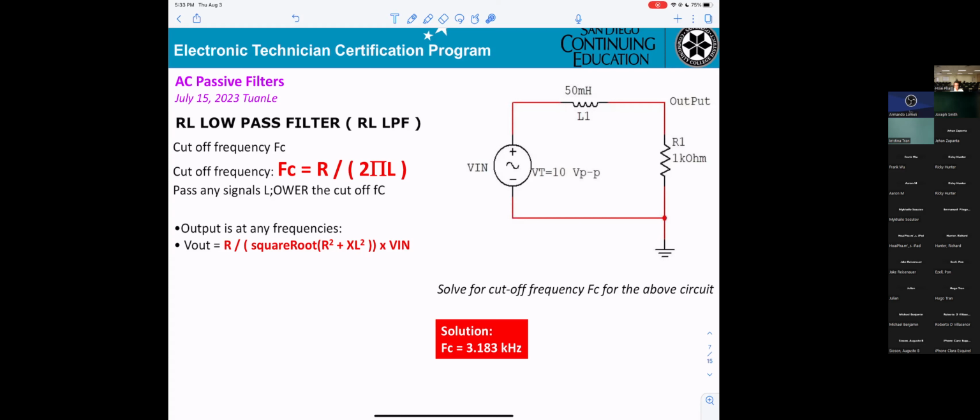That is the difference. The circuit can be different, either using an inductor and resistor or a capacitor and resistor. That's what you need to recognize, so try to understand.